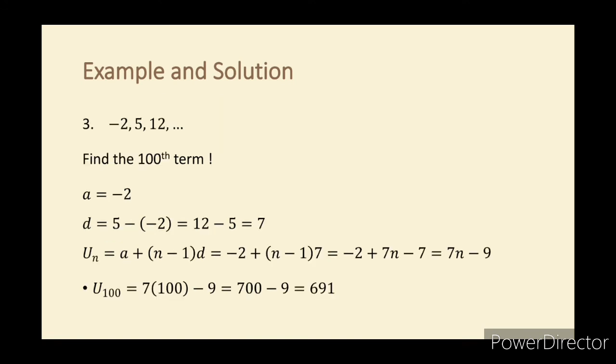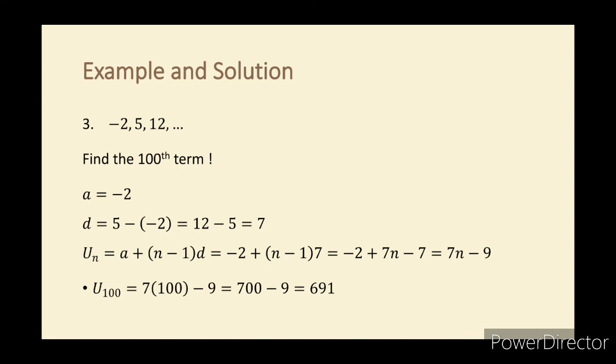Number 3. First term minus 2, 5, 12, dot dot dot. Find the 100th term. a equals minus 2, d equals 5 minus (minus 2) equals 12 minus 5 equals 7.